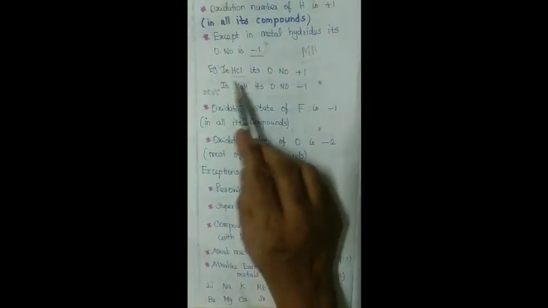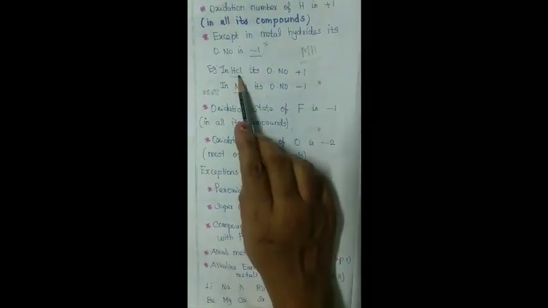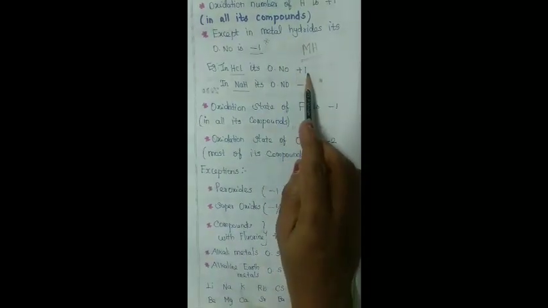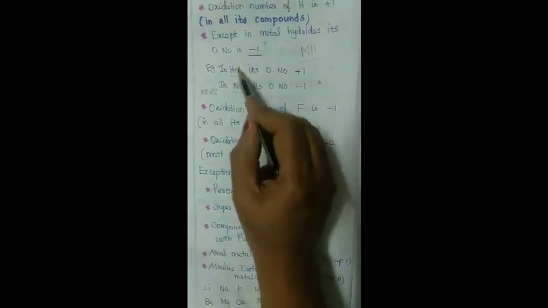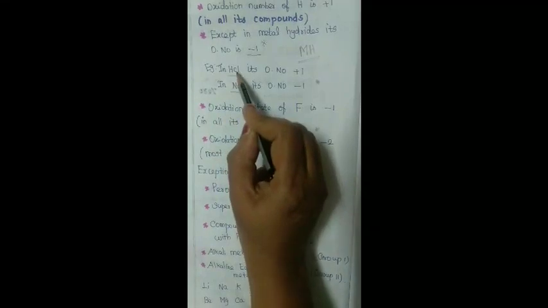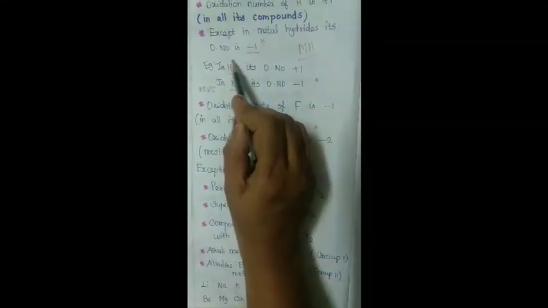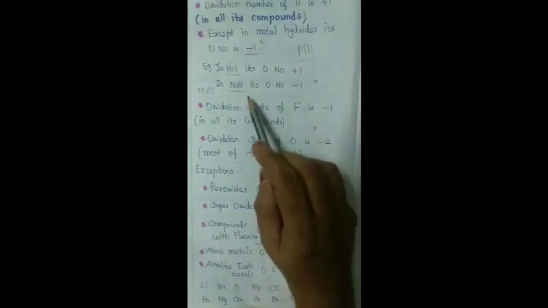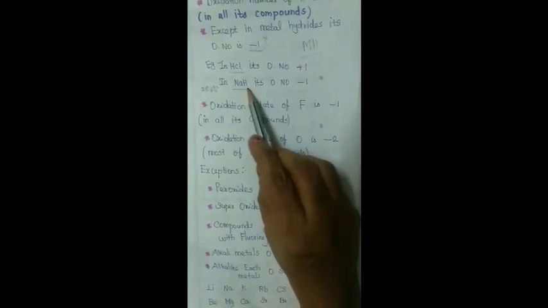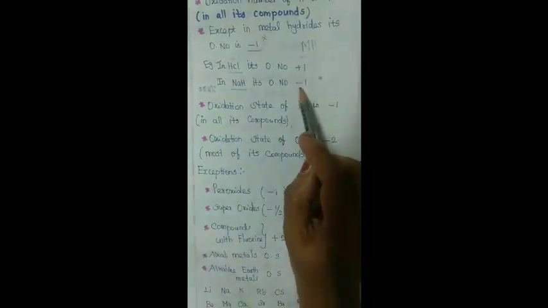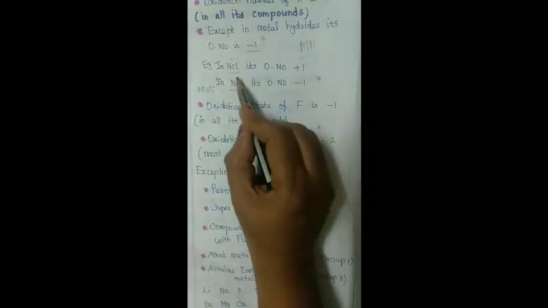For example, in hydrogen chloride, its oxidation number is plus 1. So look at here. Here oxidation state of hydrogen is plus 1. But in the case of metal hydride, sodium hydride, its oxidation number is minus 1. Look at here.